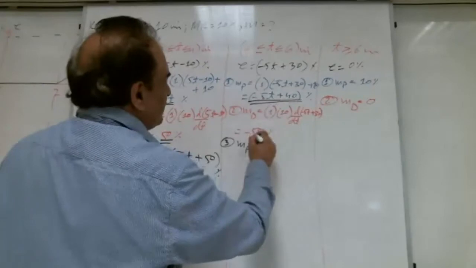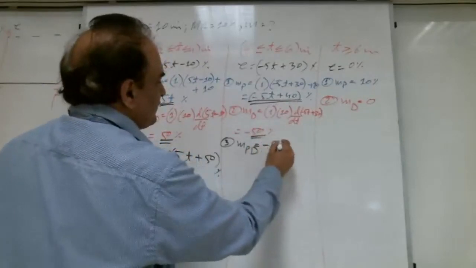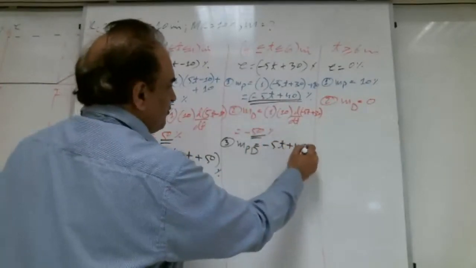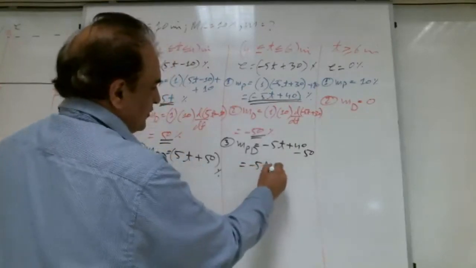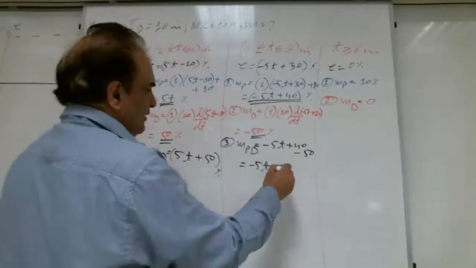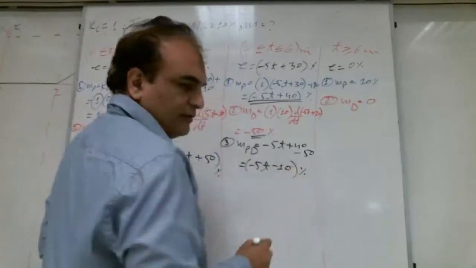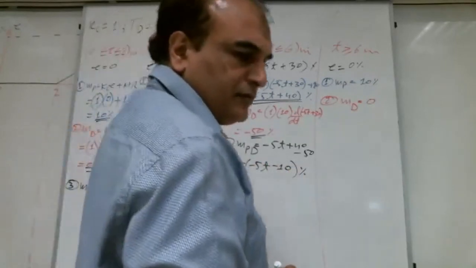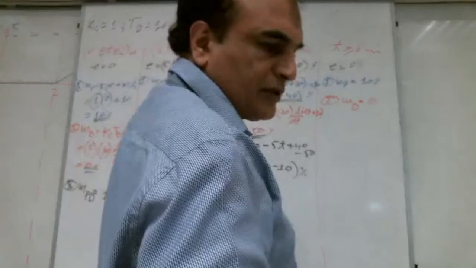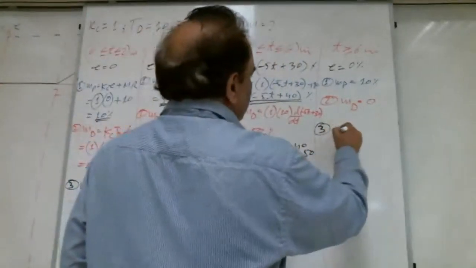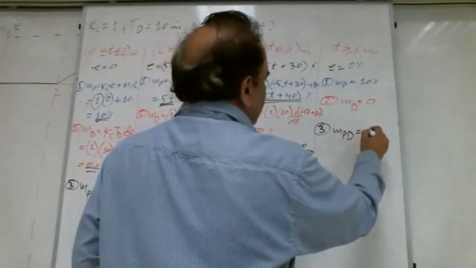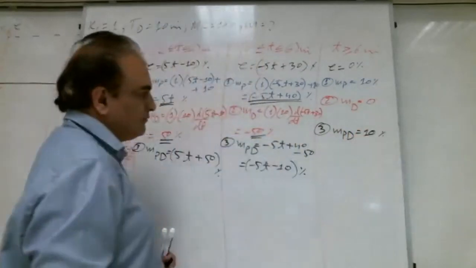MP plus MD. So minus 5t plus 40 minus 50. How much, Shabab? Minus 10. Minus 5t minus 10%. Right, Shabab? You are with me? Yes, yes, MPD right. And what is here? 10%.